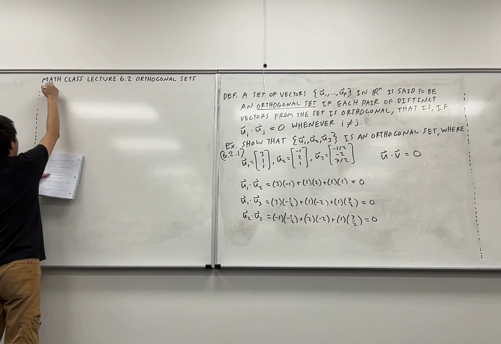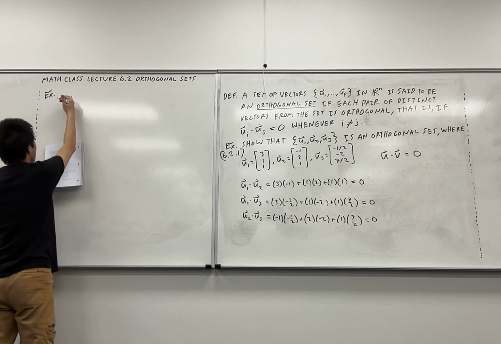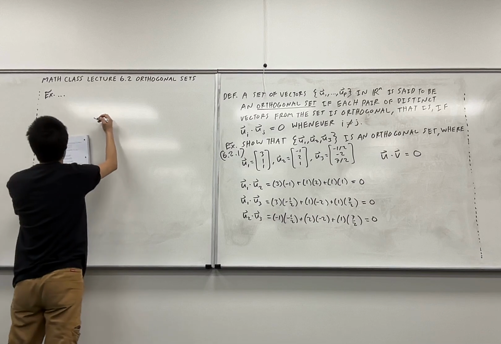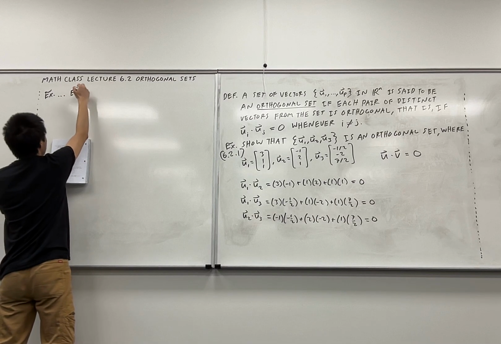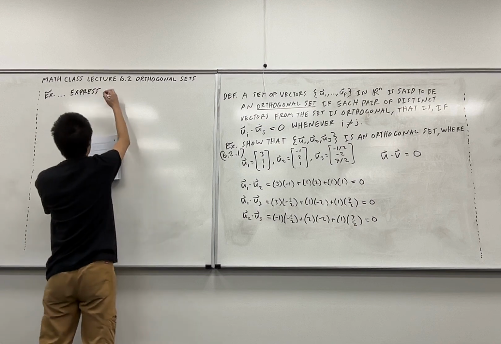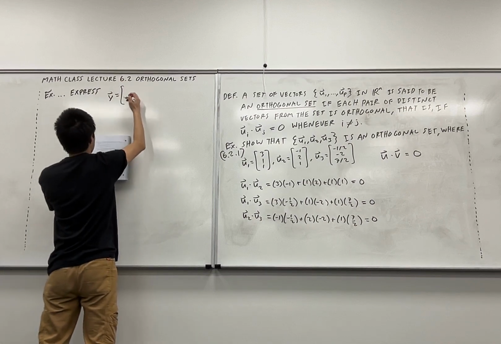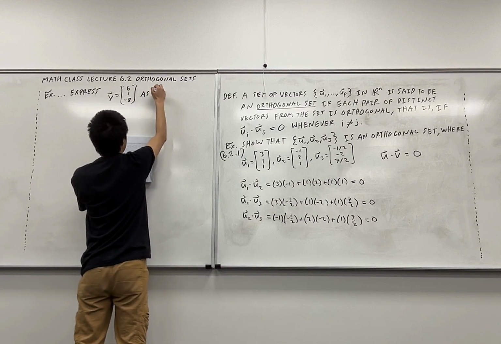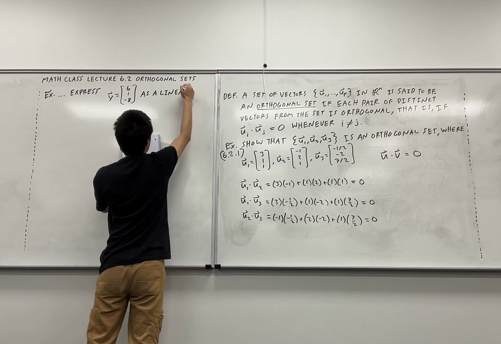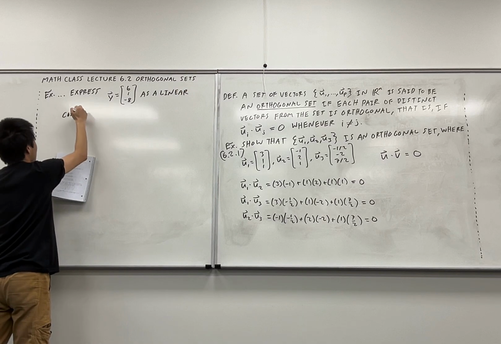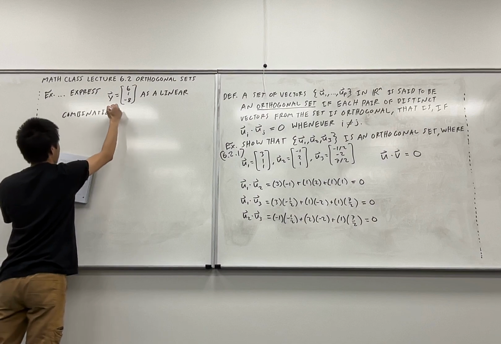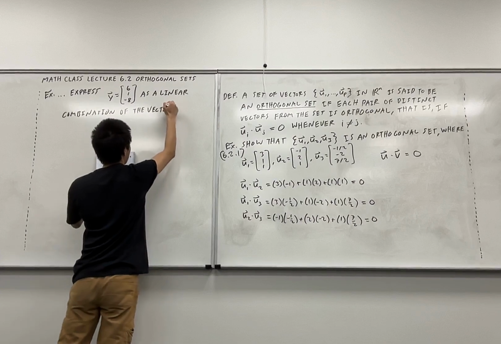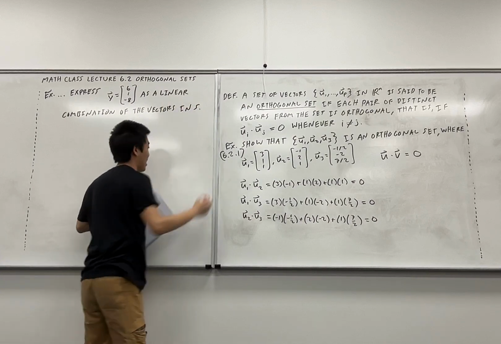Okay, example. So we have the same exact set, and so we'll continue it. Express the vector y equal to 6, 1, minus 8 as a linear combination of the vectors in X. Okay, what is that really asking me to do?